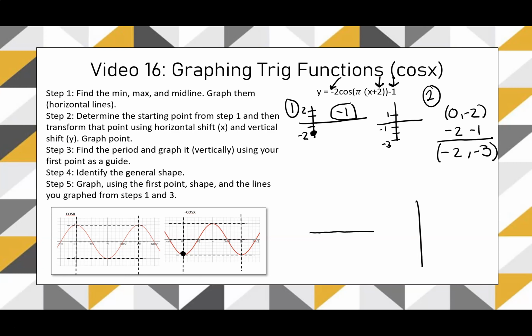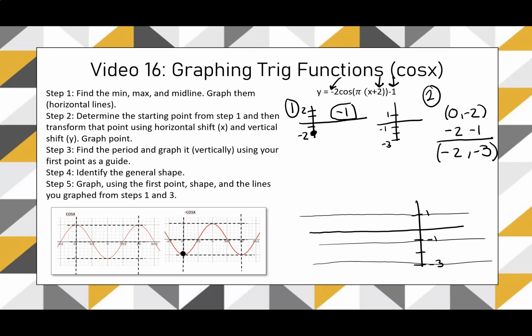So I'm going to go kind of with my x-axis like this. All right, so let me graph. I've got 1, negative 1, and I'm going all the way to negative 3. I'm going to graph my max, my midline, and my min.